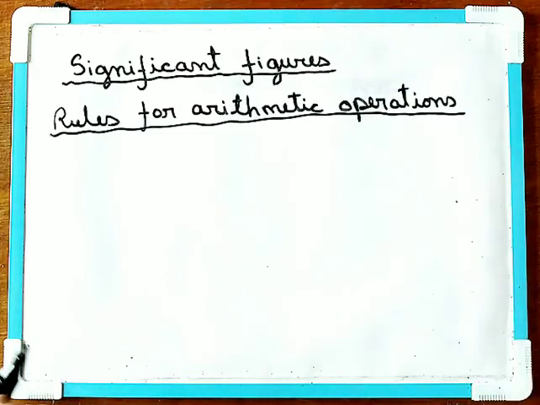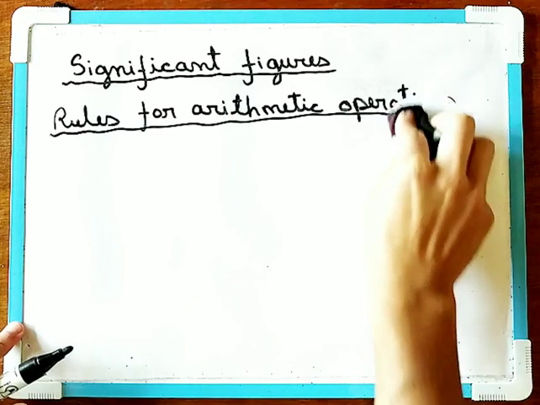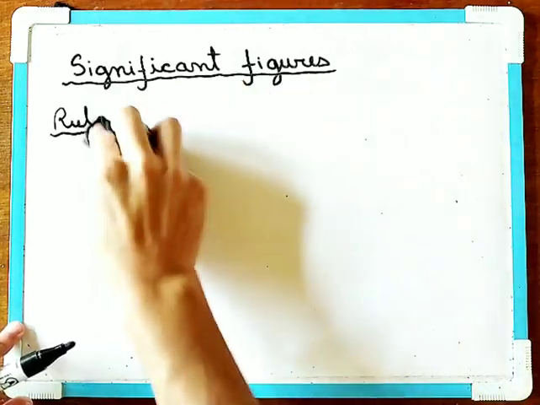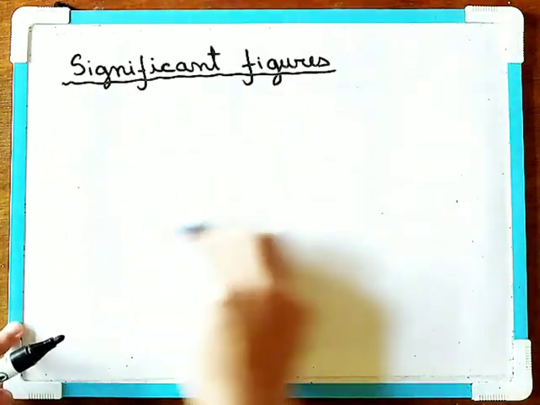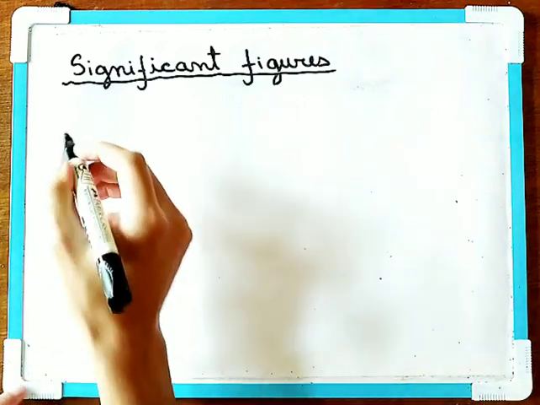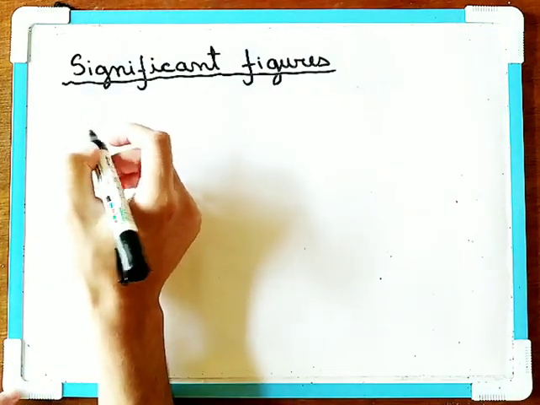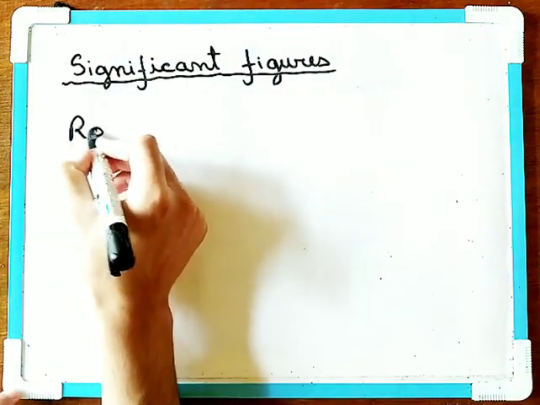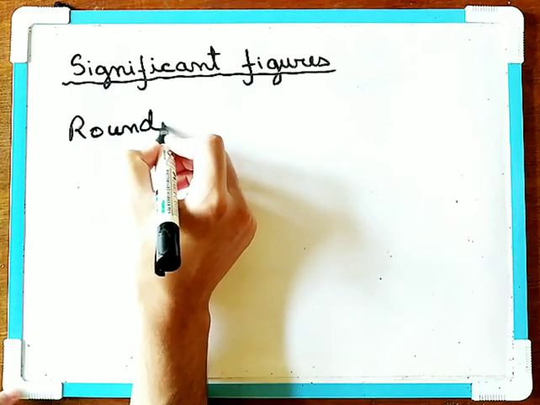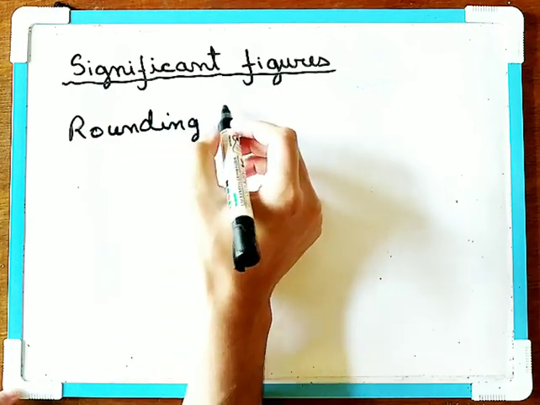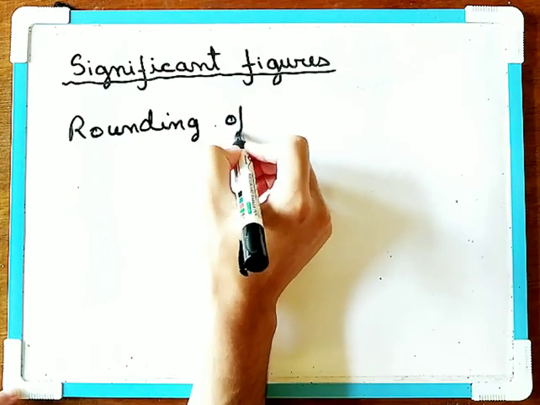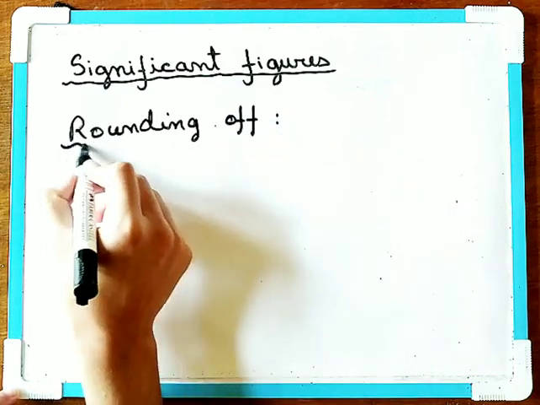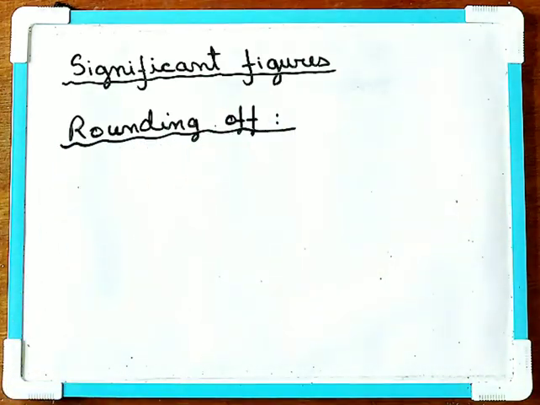So we come to the rule of rounding off the uncertain digits. How do we round off some digits to some significant figures?